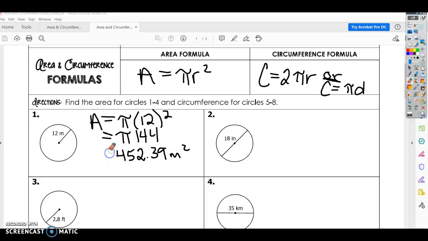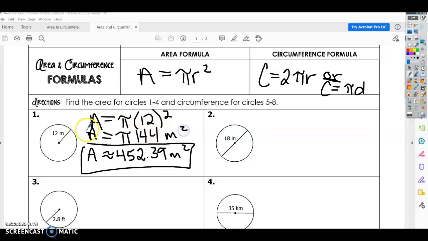Alright, so this one, because pi is an irrational number, it's not exactly 3.14. This is an approximate answer. If a question asks you to put it in terms of pi, you're going to put it as 144 pi meters squared. So this is the exact answer, or an answer in terms of pi.